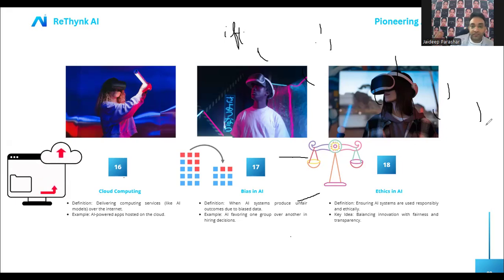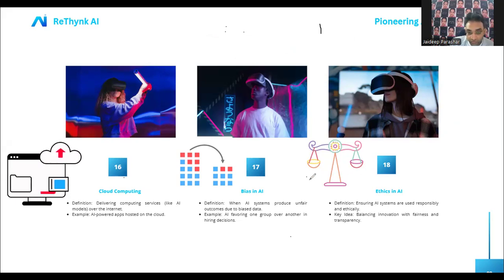Okay, what is ethics in AI? Ethics in AI is that we keep our data and work totally transparent. You should create a set of guidelines where you keep everything fair and transparent.